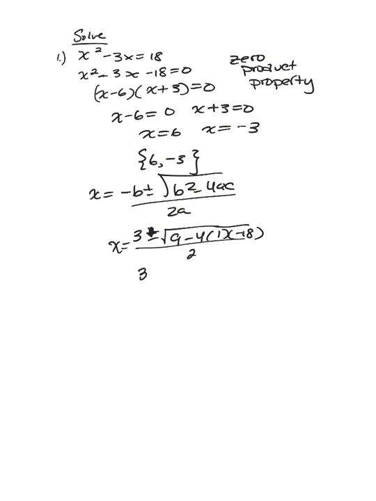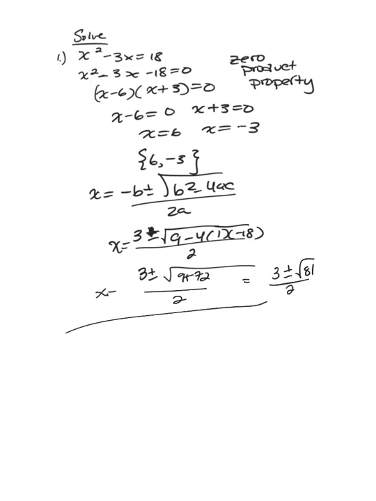So you have 3 plus or minus square root. Well, 4 times 18 is 72, right? So you have 9 plus 72 divided by 2. So that becomes 3 plus or minus the square root of 81 over 2.